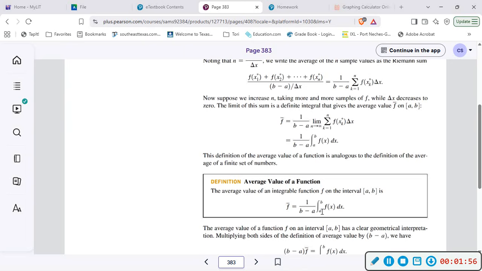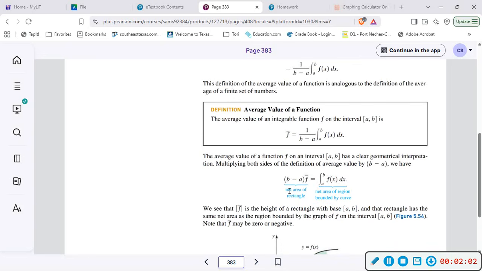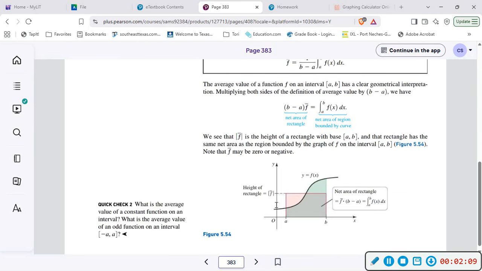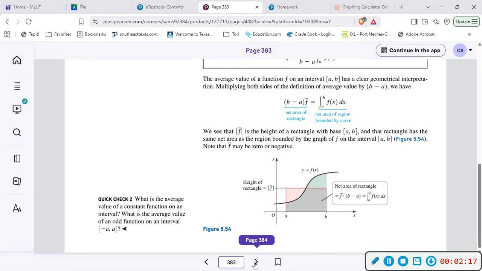So we can just integrate it, plug in our limits, and then divide it by that range, and that'll give us our average value. Again, it's like finding base times height, showing you the net area of a rectangle. Here's just a little illustration.